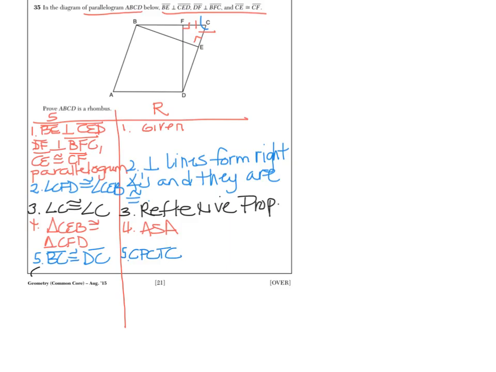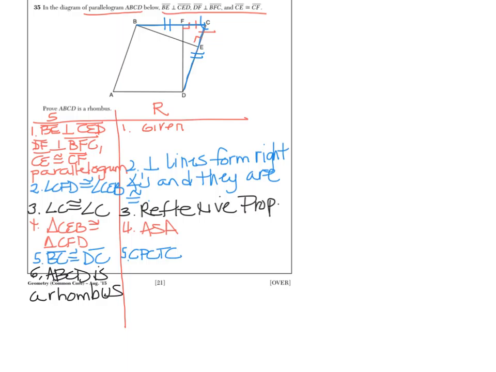And for the sixth and final step, I can make the conclusion that ABCD is, in fact, a rhombus. Because I've been able to use CPCTC to show that these two sides, the entire length of BC as well as DC, are congruent.